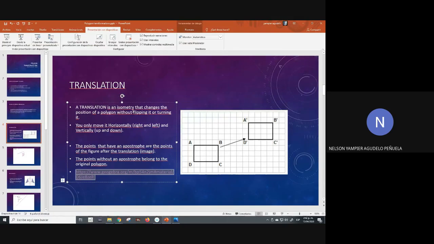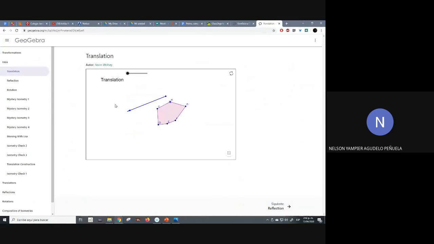And remember, flip means voltear and turn means girar. So it doesn't flip or turn. It only moves vertically or horizontally, or a combination of the two, like this one.